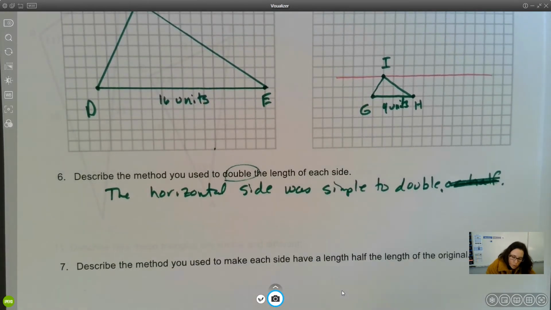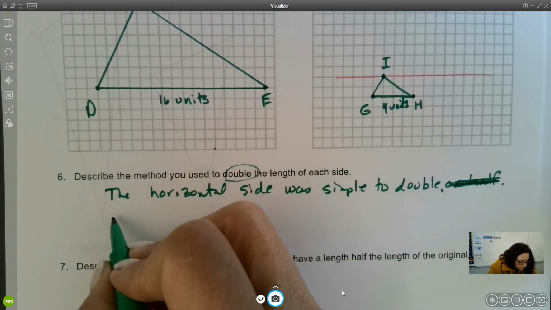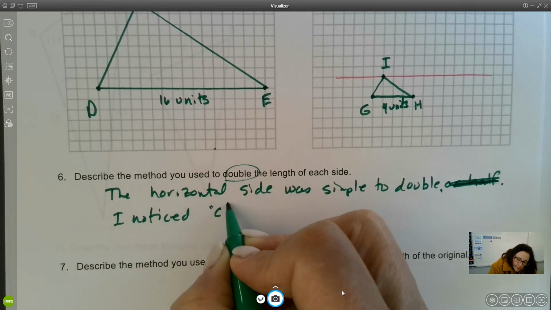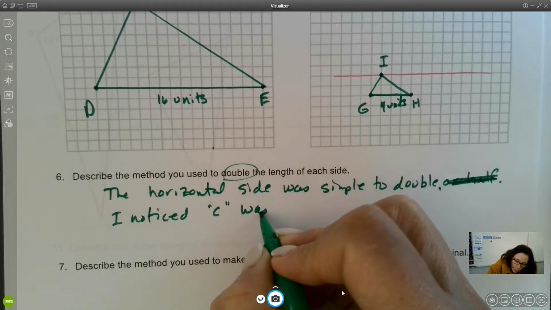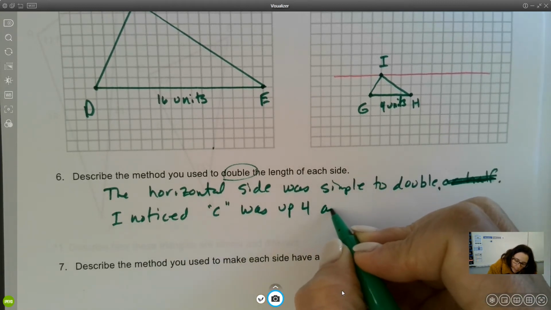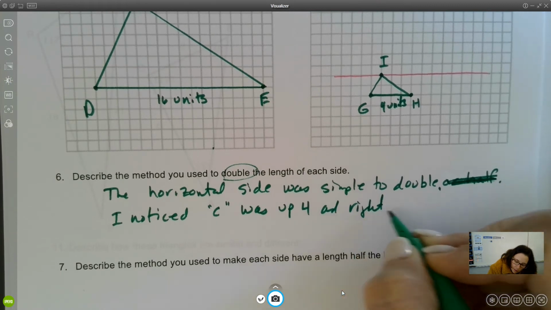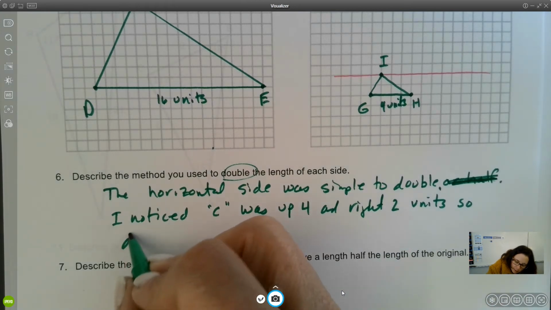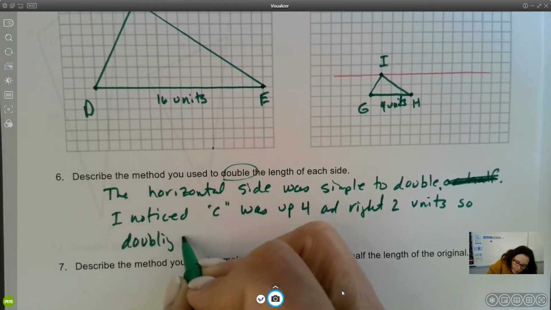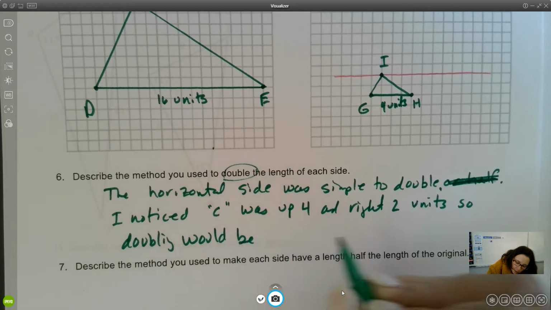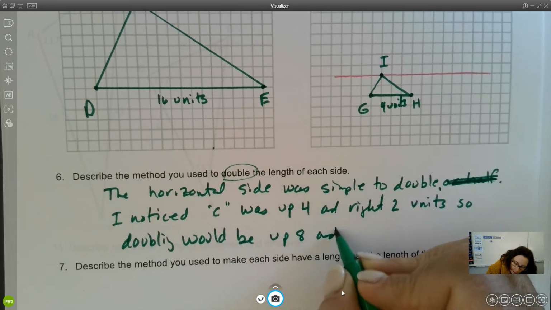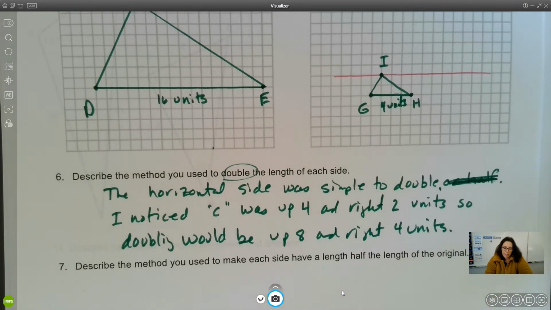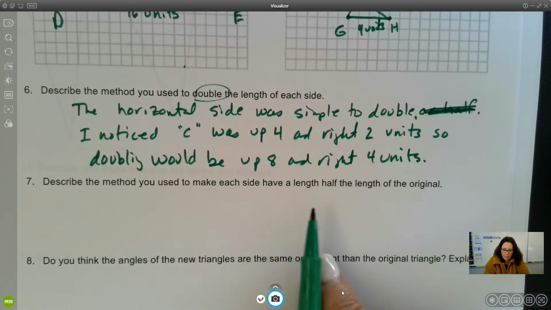I noticed point C, vertex C, was up 4 and right 2 units. So doubling would be up 8 and right 4 units.